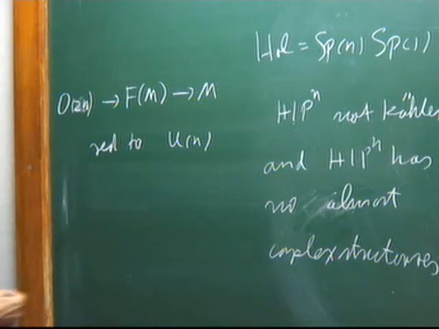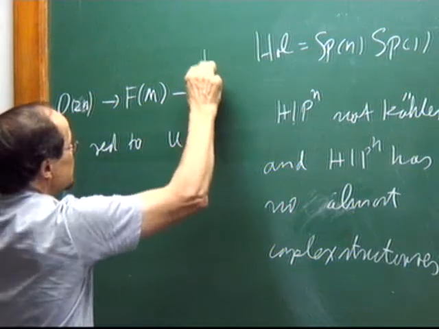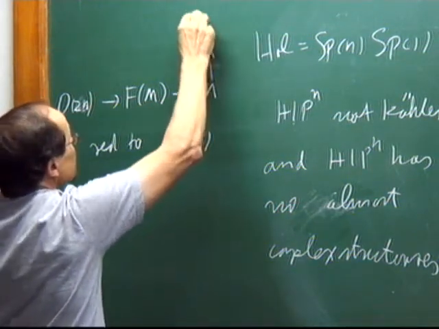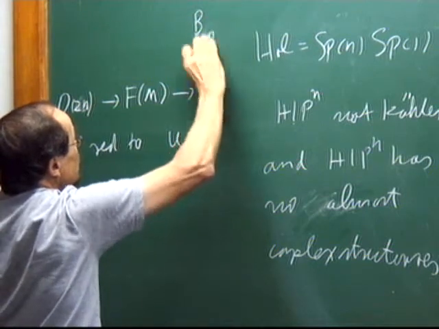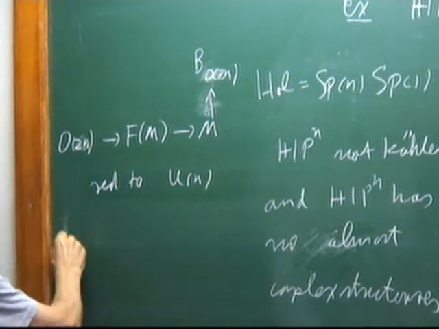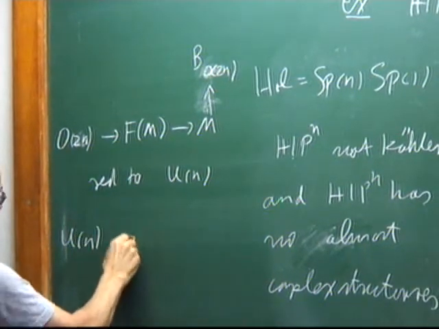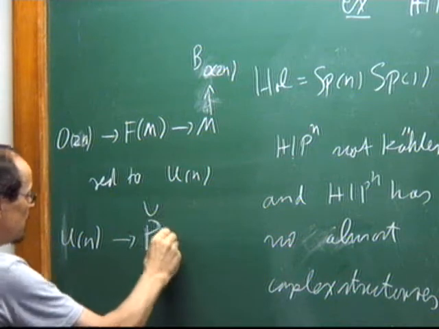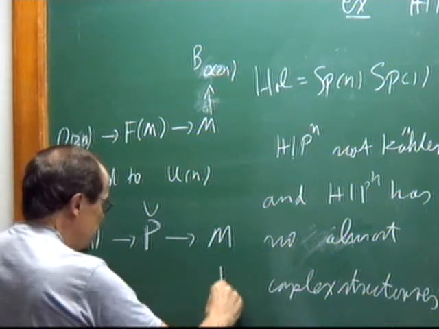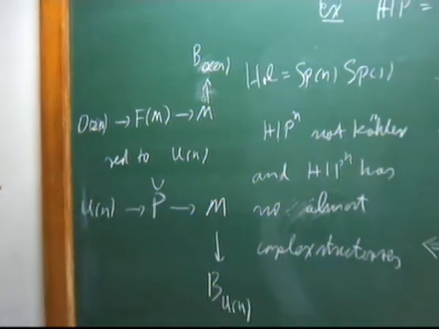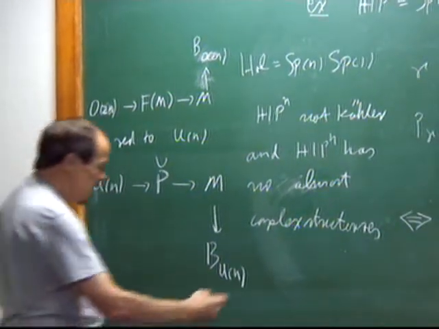So this bundle here is classified by a map into the classifying space of O(2n). With a reduction to U(n), that means I have a subbundle inside the frame bundle, classified by a map into the classifying space of U(n). And so to have a complex structure means the following.